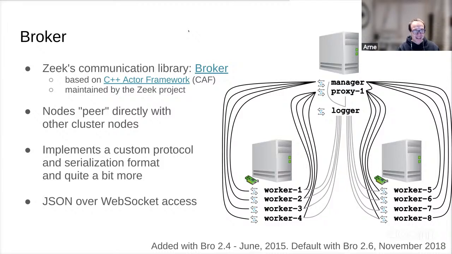It's described as a type-rich pub/sub system because it supports more than just publishing messages as bytes around, but has some awareness of Zeek data types. It's maintained by the Zeek project as a sub-project, and based on the C++ Actor Framework, or CAF.